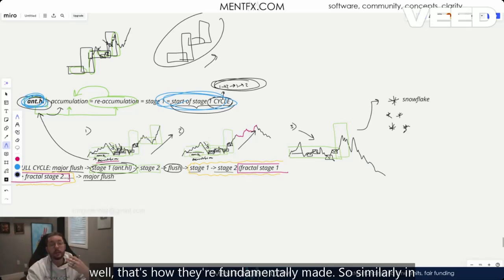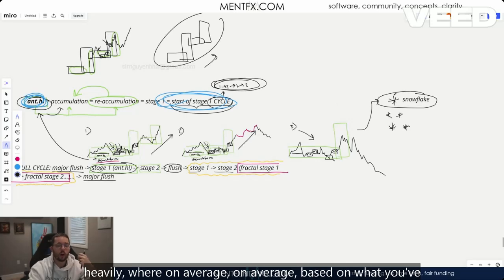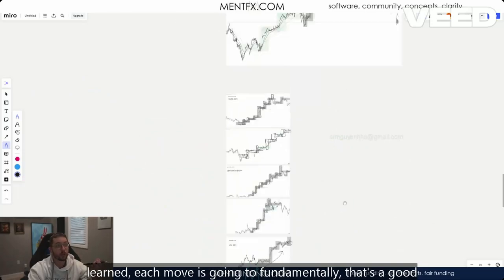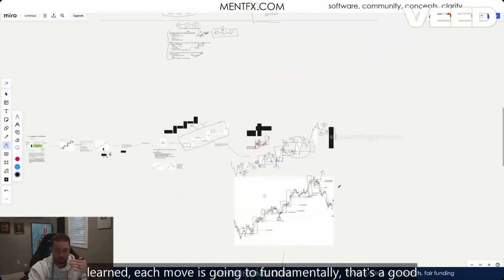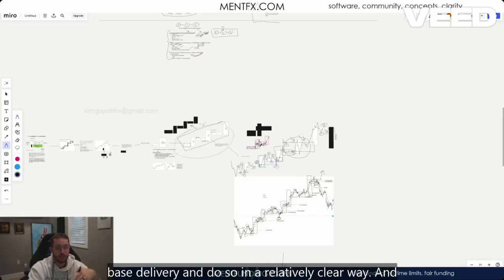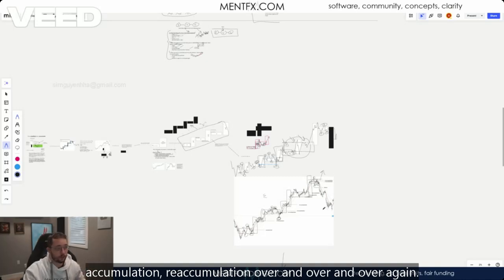So similarly in trading, this is where the snowflake rule appears very heavily, where on average, based on what you've learned, each move, that's a good move, is going to fundamentally follow the stage 1 and 2 base delivery and do so in a relatively clear way. And you'll know what's going on because it's going through accumulation, reaccumulation over and over again.